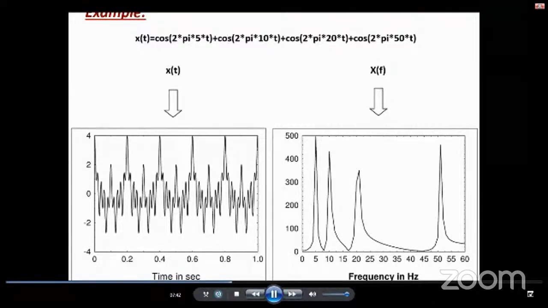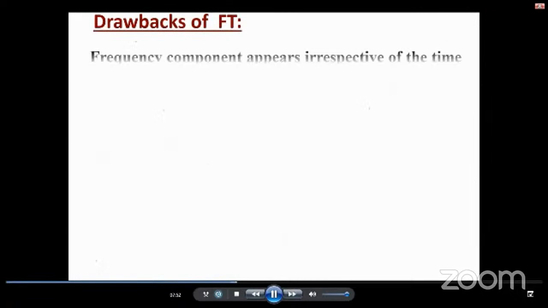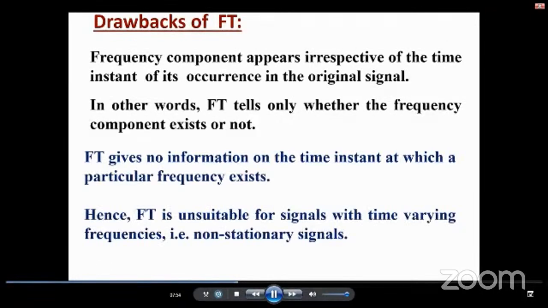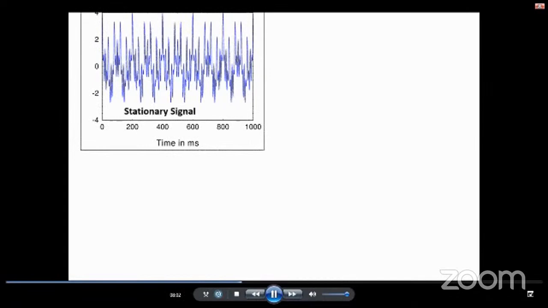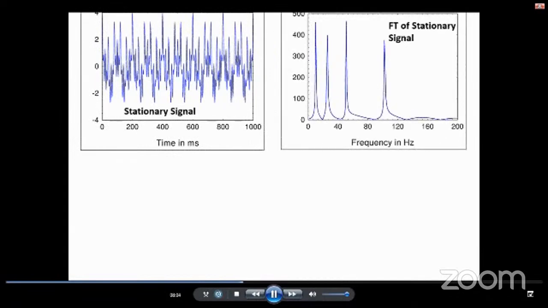This is the waveform of the signal, and here is the spectrum obtained after applying the FFT, fast Fourier transform. So what are the drawbacks? The Fourier transform tells only whether the frequency component exists or not, but not the time at which the frequency component exists. That is, the time component is totally lost.